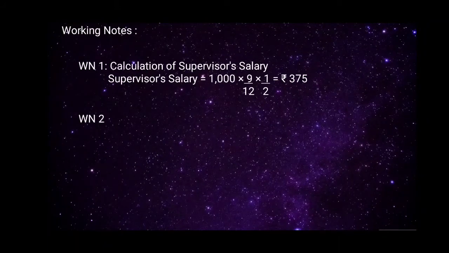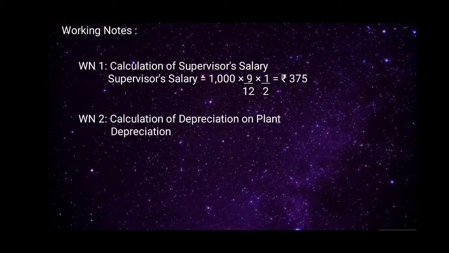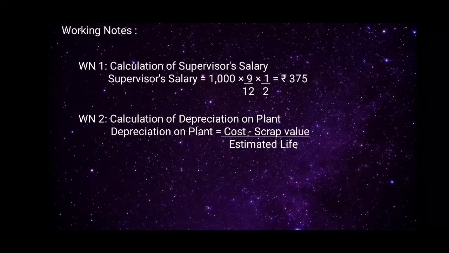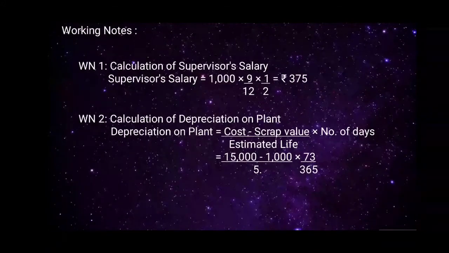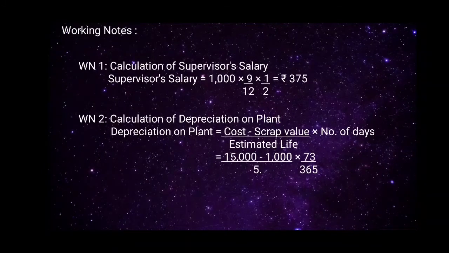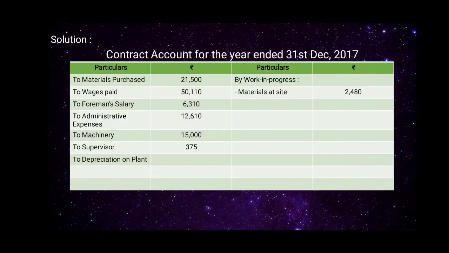So working note number 2. Calculation of depreciation on plant. Depreciation on plant is equal to cost minus scrap value divided by estimated life into number of days, which is equal to cost 15,000 minus scrap value 1,000 divided by estimated life, which is 5 years, into number of days, 73 divided by 365 days, which is equal to rupees 560.